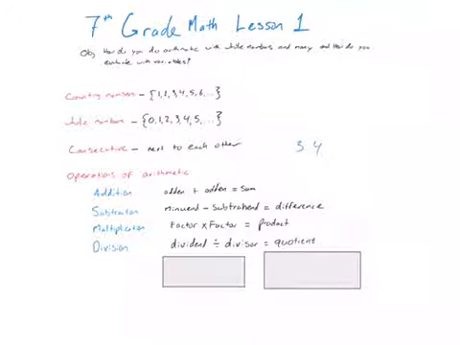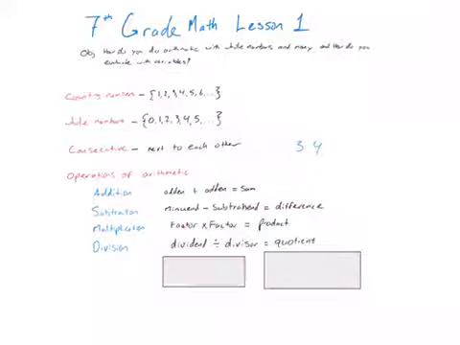Like 2 plus 2, those two 2's are what we call add-ins, and then the answer 4 is what we call the sum. In subtraction, we have a minuend and subtrahend, and then a difference. Maybe 4 minus 1: 4 is the minuend, 1 is the subtrahend, and the difference is 3.